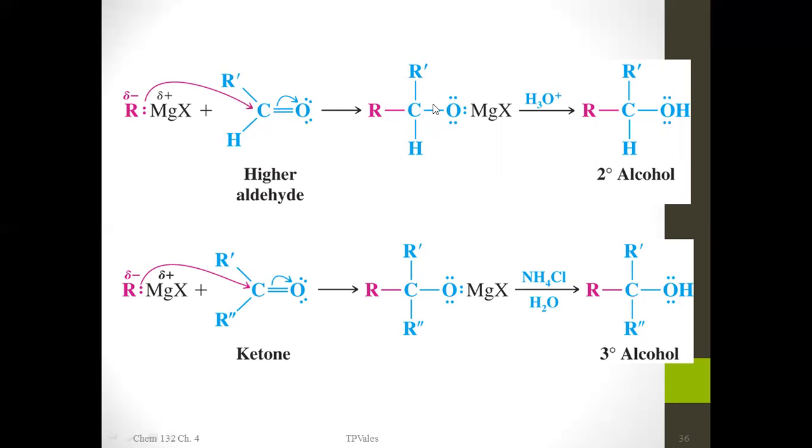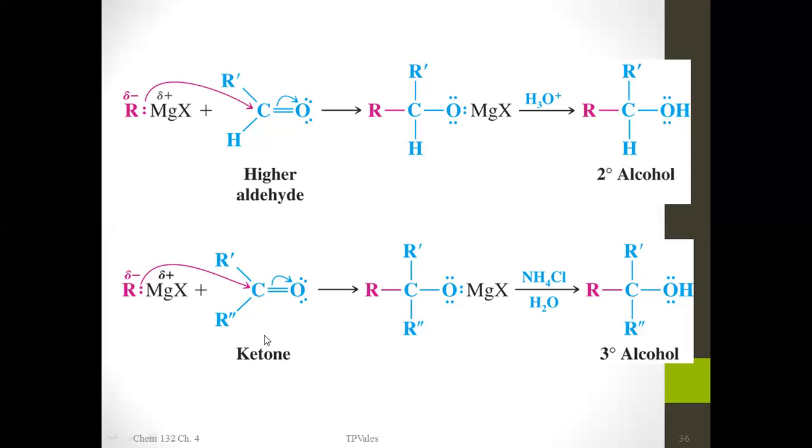It becomes three unshared electron pairs with a negative charge. So it's negatively charged, fully ionic. It can form a bond with magnesium in ionic form. Okay, and we acidify this one. This will become our source of electrons again, our base, finding a proton to form your OH here. And you get your 2-degree alcohol.